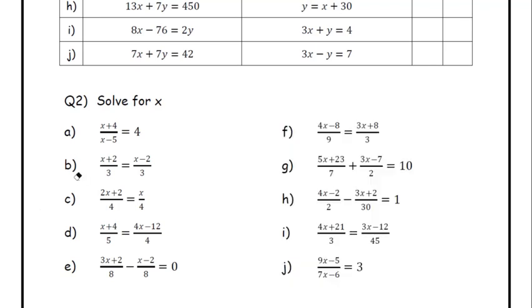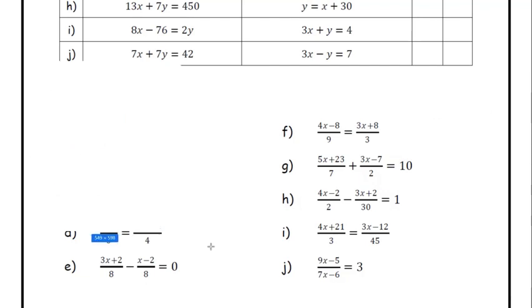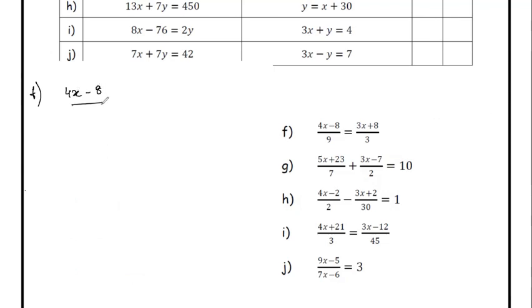F, G, H, I, J is equal to 3x plus 8 upon 3.